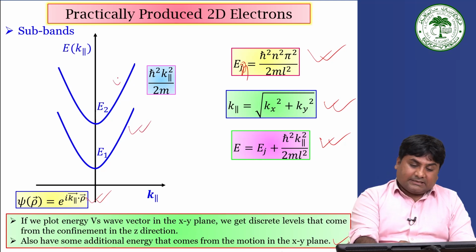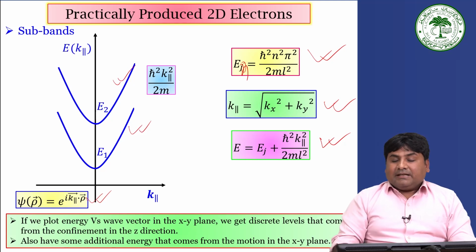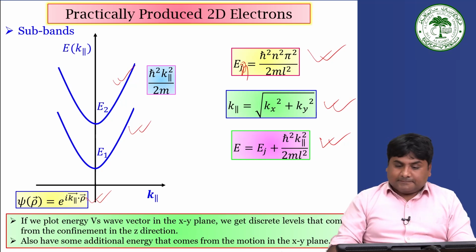You see, this is the discrete energy level generated because of the confinement effect. And this confinement effect explains different electrical and optical phenomena in different materials.